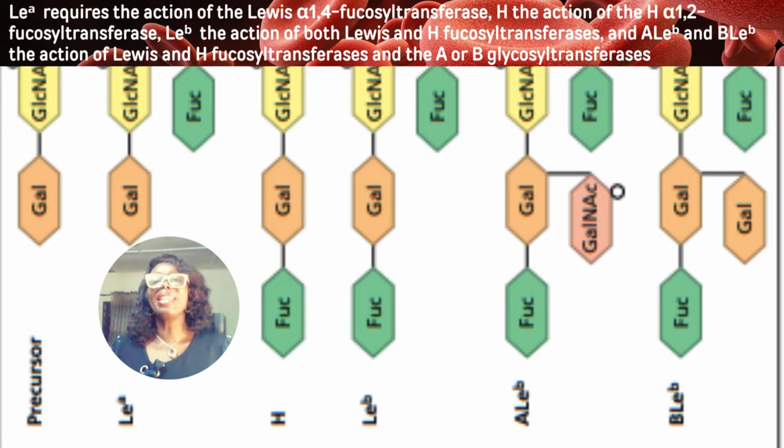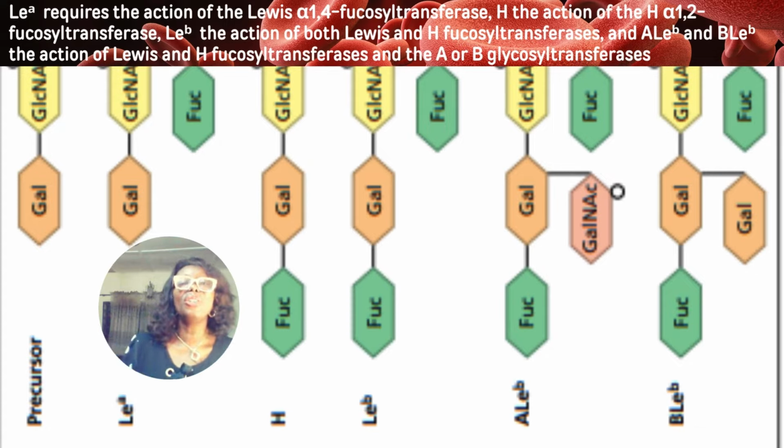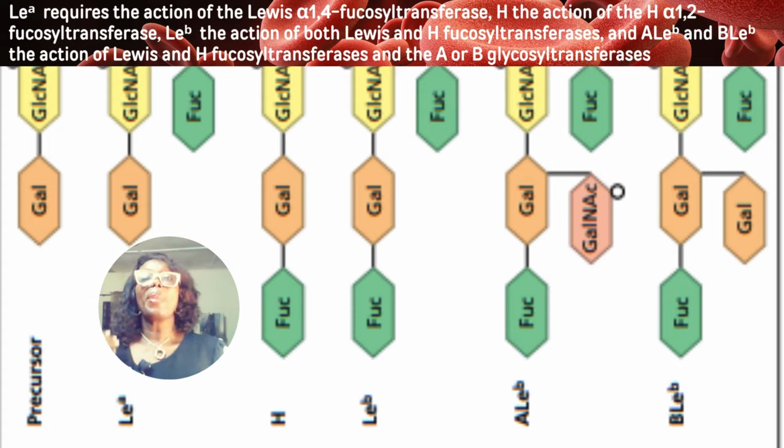For you to make Lewis B antigen, you need a functional FUT1 gene, a functional FUT2 gene, and a functional FUT3 gene. And then for Lewis A, Lewis B, in addition to having the FUT1, FUT2, and FUT3 genes, you should also be able to make a specific enzyme that goes for either A substance or B substance.